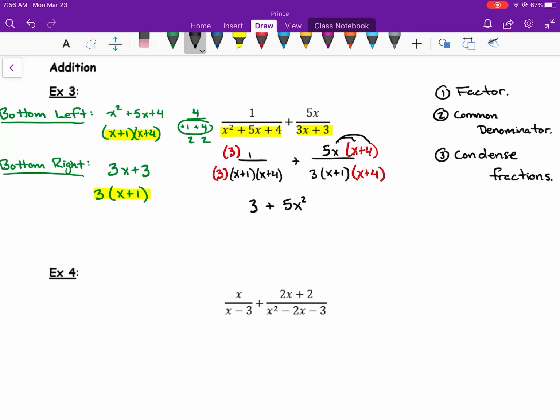We have 5x squared plus 20x. All divided by our denominator, okay? They're both the same, so we just need to write one of them. So it becomes 3 times x plus 1 times x plus 4. Okay, so now we just have to simplify. Clean it up and simplify.